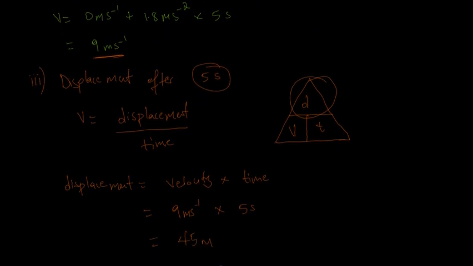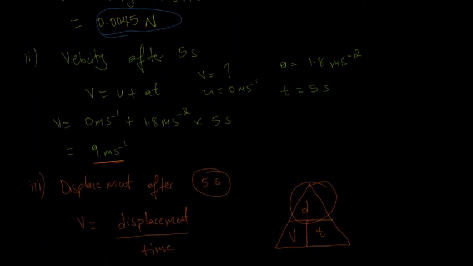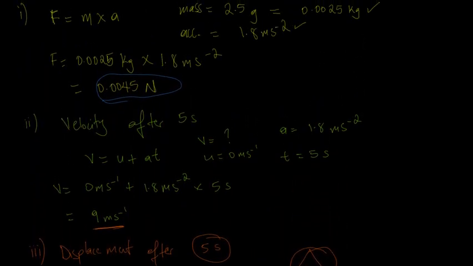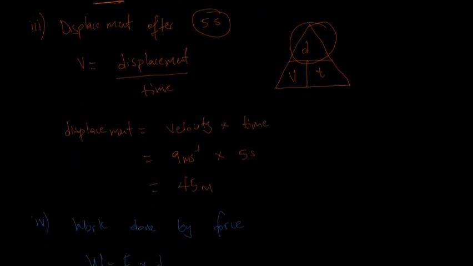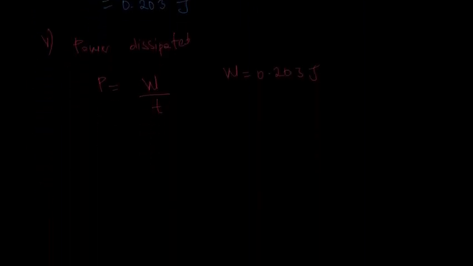The question wants us to find out the power dissipated by the source of energy. Now the object experienced the acceleration for 5 seconds, so we can say that the force was acting for a period of 5 seconds. So our T is equal to 5 seconds. Right? So we can plug in these values and solve for our power.